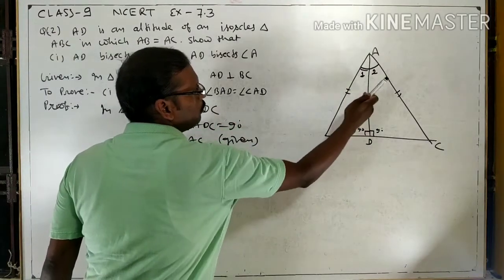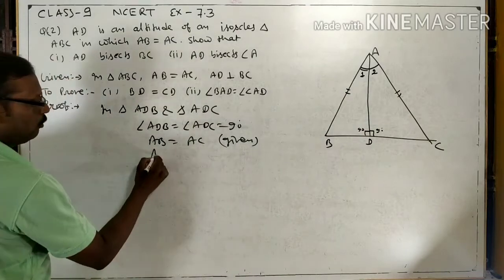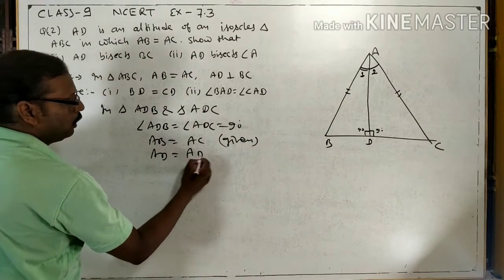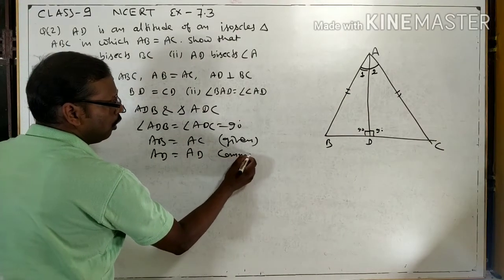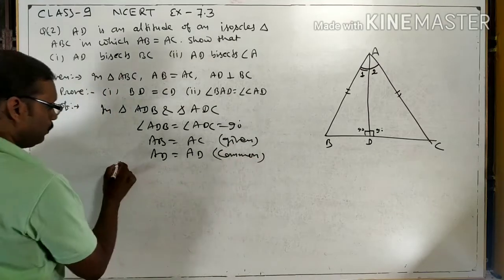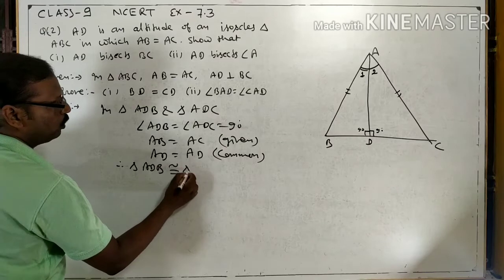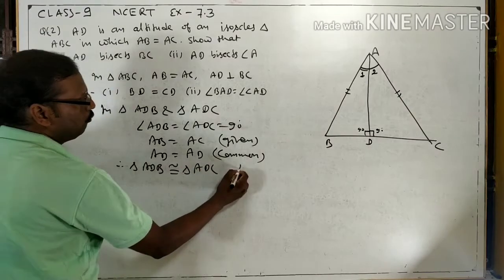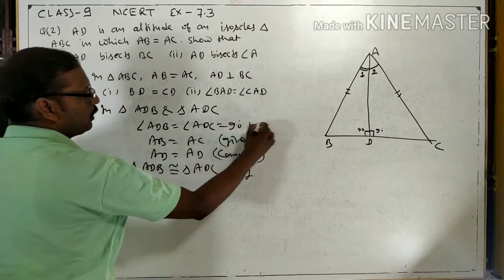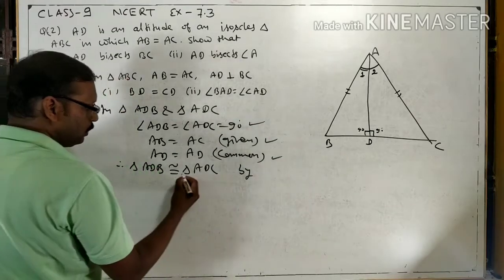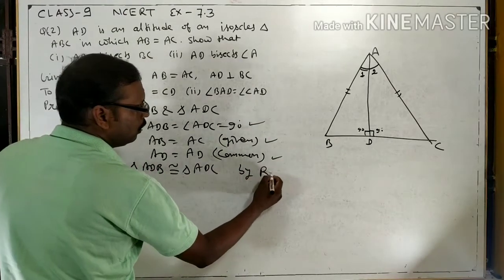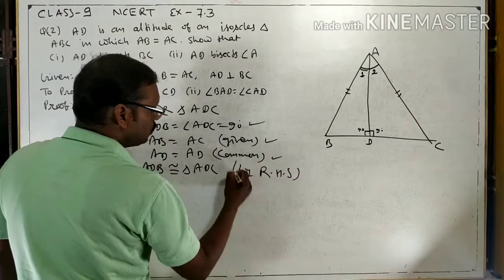AD इस triangle में भी है, AD इस triangle में भी है. So AD equal to AD, common. Therefore triangle ADB congruent to triangle ADC by right angle hypotenuse side, RHS congruency rule.